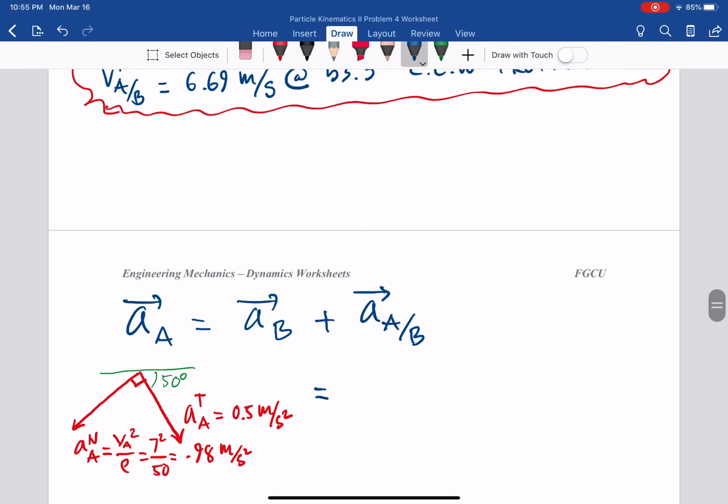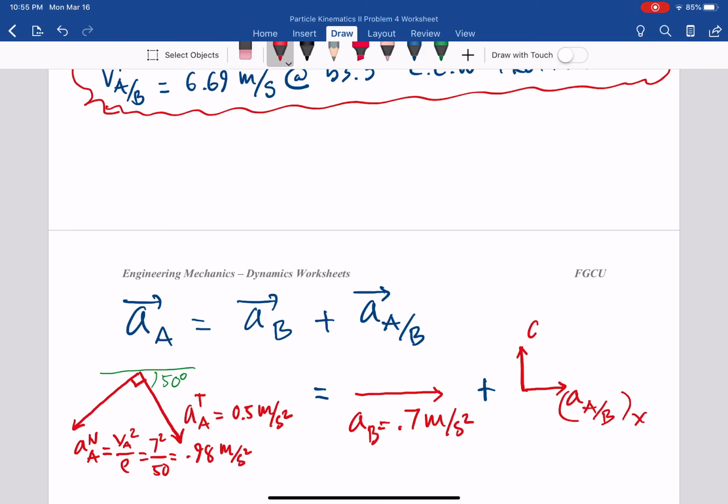So right now you see A_B is 0.7 meter per second squared. And again, we don't know the two components of the acceleration of A relative to B. So we have A relative to B, x, and A relative to B, y.